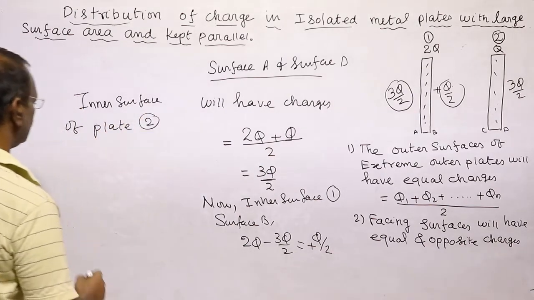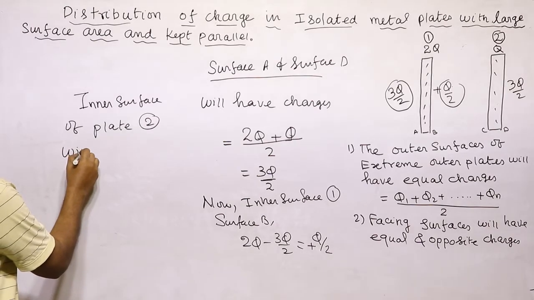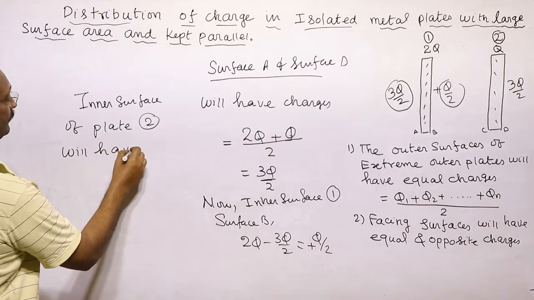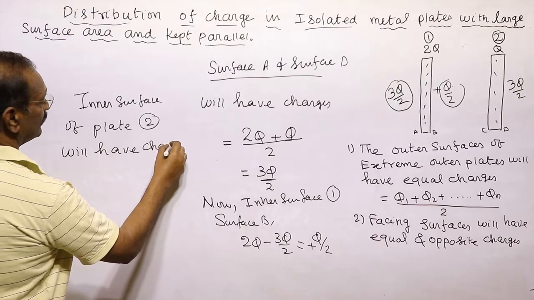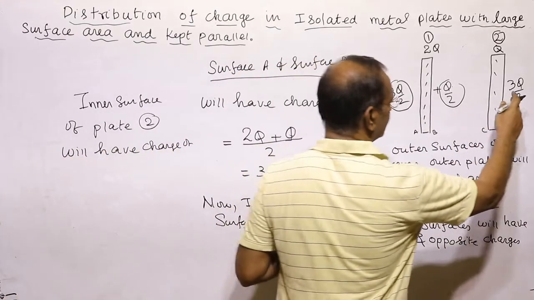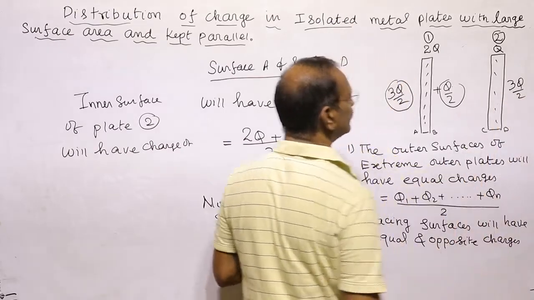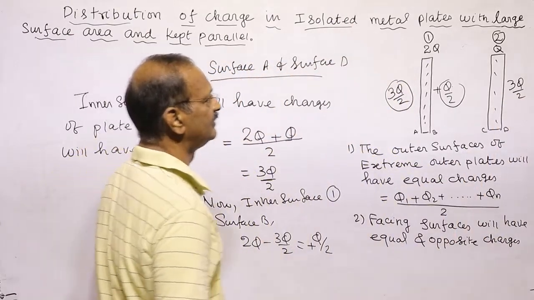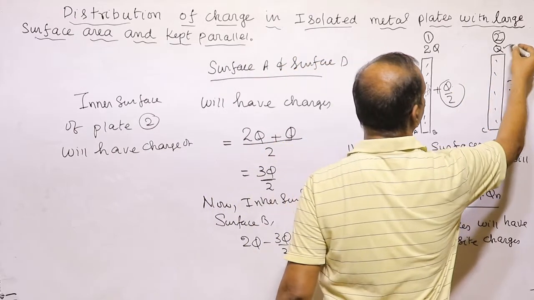What is the total charge? See, the outer surface is having plus 3q by 2 and the inner face, how much will it have? The total charge it has is q.